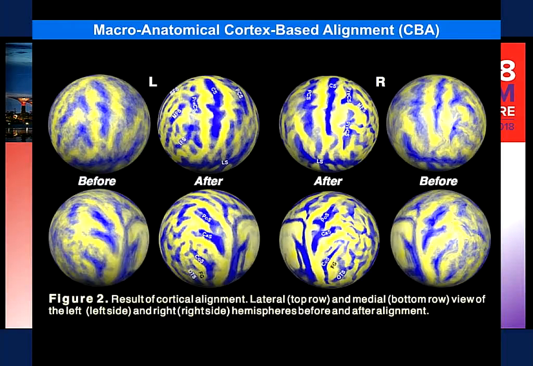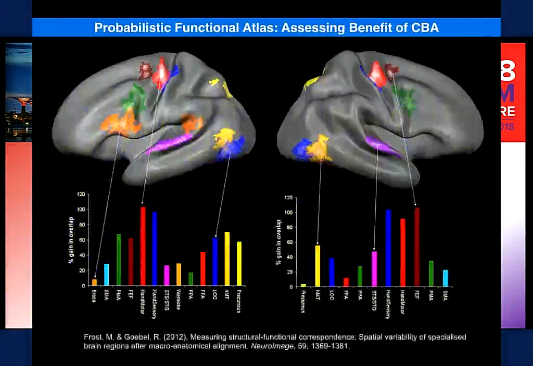That's the benefit of cortex-based alignment. You see this from this to this, or for the other hemisphere from here to here, right and left hemisphere. That shows that we can identify landmarks much more nicely, and we can project the resulting alignment back into 3D and have each brain's sulci and gyri also three-dimensionally corresponding with each other.